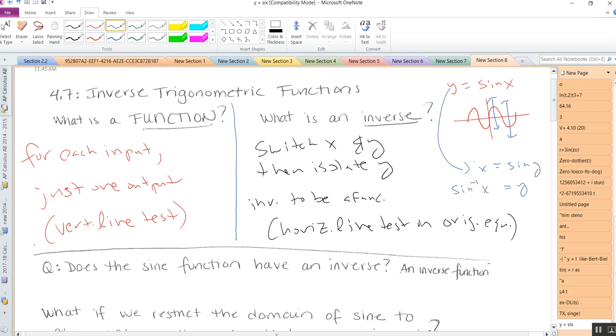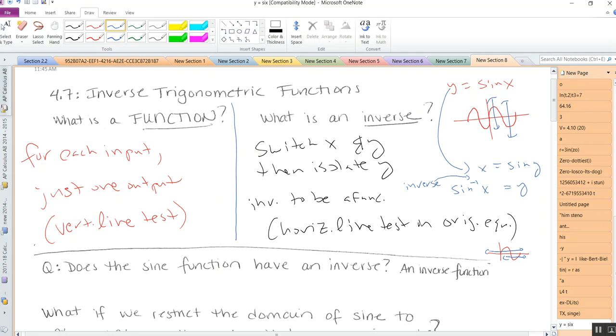And remember that notation, the -1 next to sine? The -1 kind of looks like an exponent, but it's really more of a superscript. That is the notation for inverse trig functions. But again, will this be a function? The problem is if I graph sine again over here, and if I draw horizontal lines, we can see that they're crossing more than once.